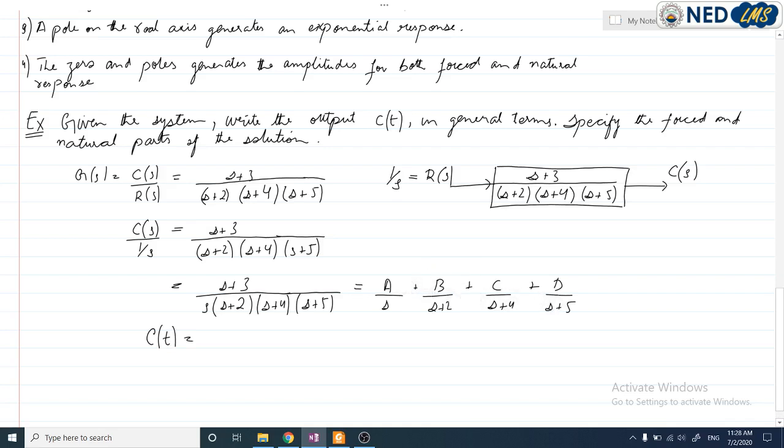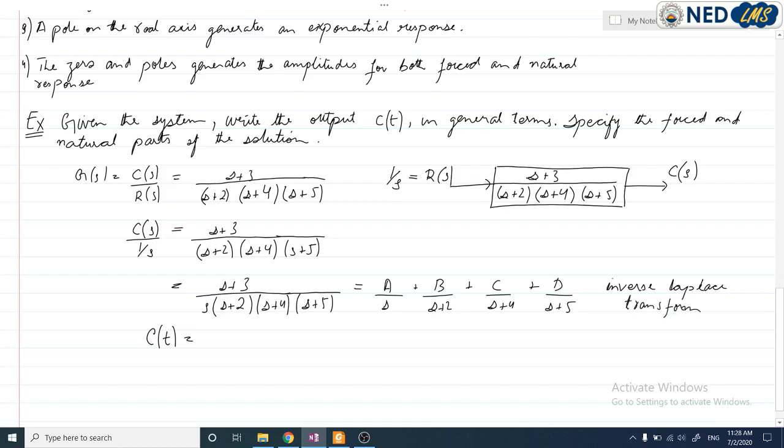We will apply the inverse Laplace transform in this step.